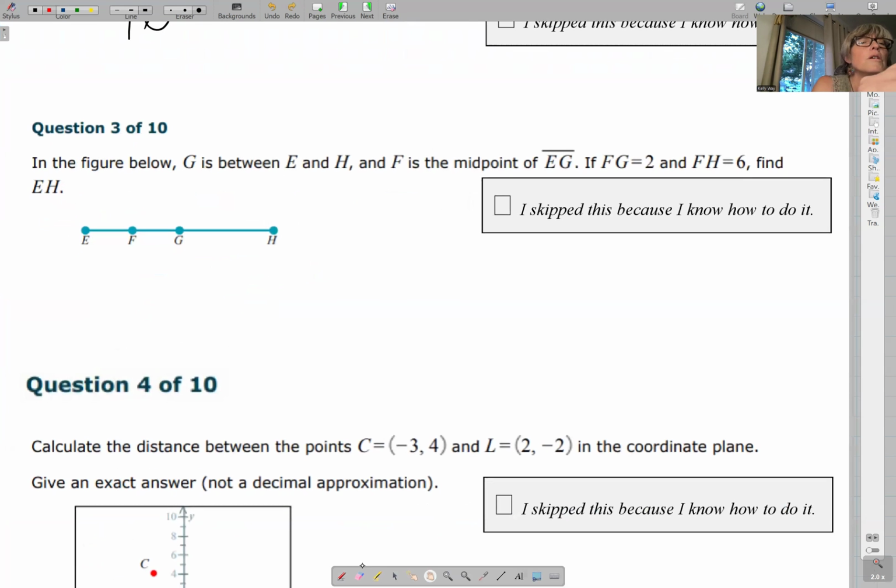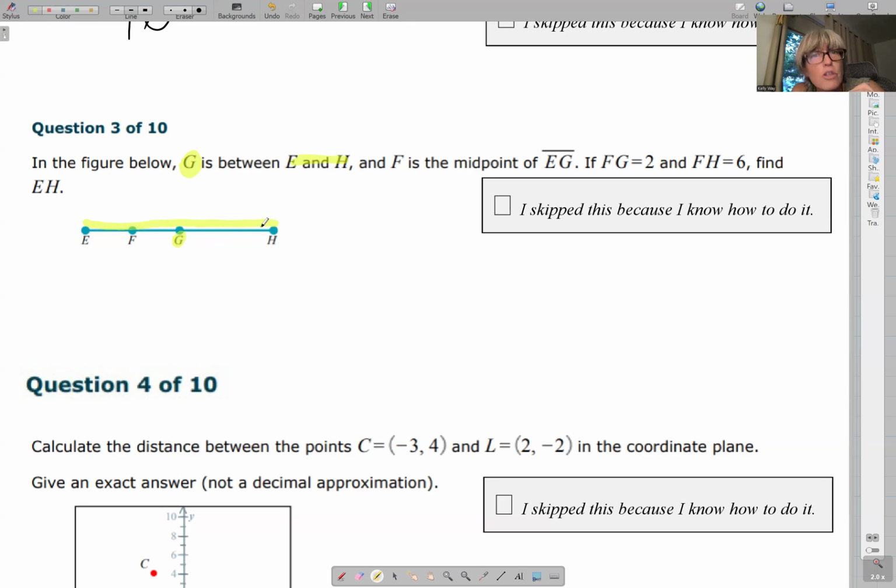All right. Next one, we read, figure below, G is between E and H, and F is the midpoint of EG. FG is 2, FH is 6. Find EH. So first we have G is between. Now careful there.